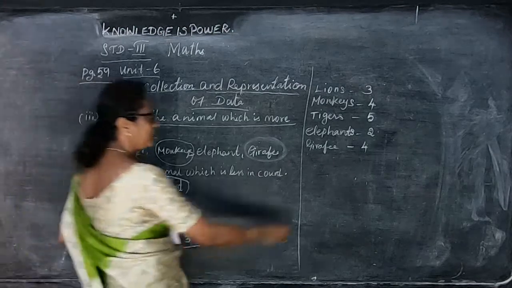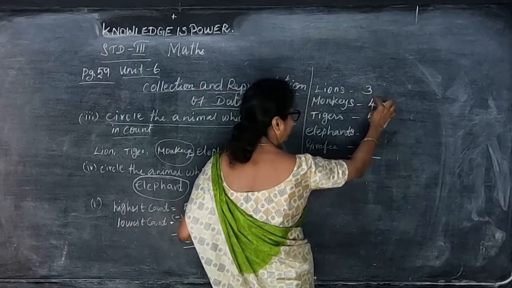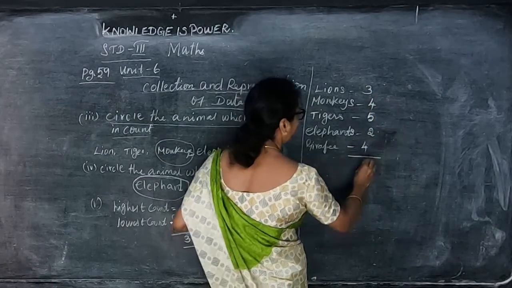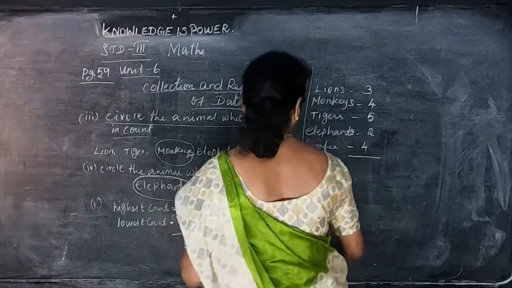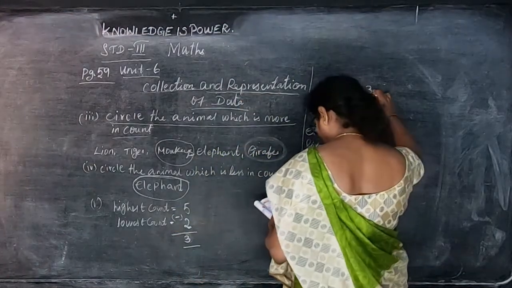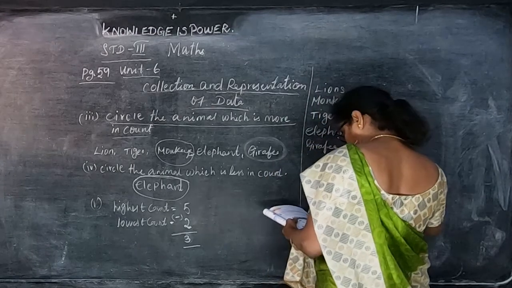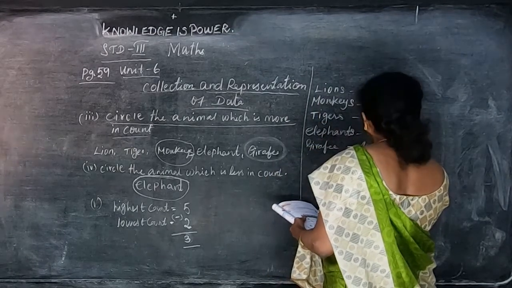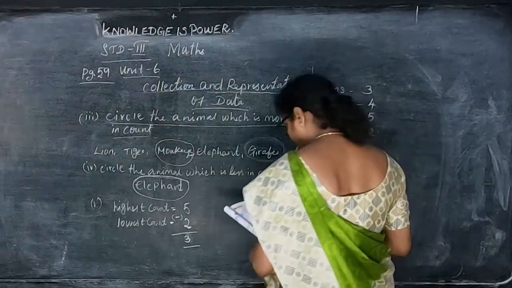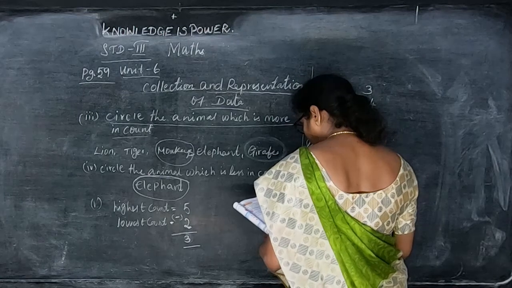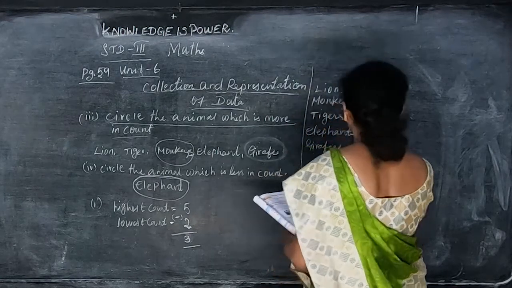Total number of animals in the zoo. How many animals? 4 plus 3 is 7, plus 5 is 12, plus 2 is 14. But they are given 17. Monkeys is 3.